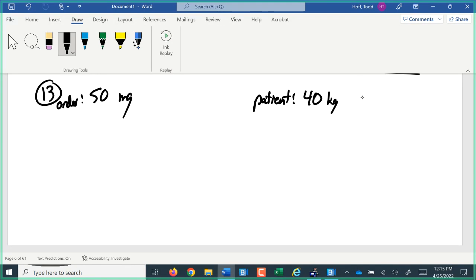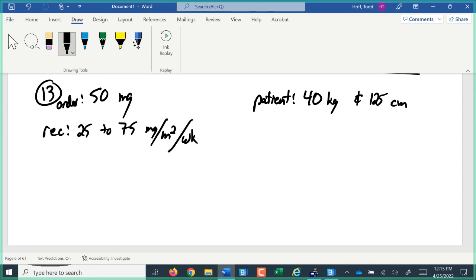And a height of 125 centimeters. The recommended pediatric dose is 25 to 75 milligrams per meter squared per week. That is a wide range. The strength, the label is 25 milligrams per milliliter. So is this a safe dose?